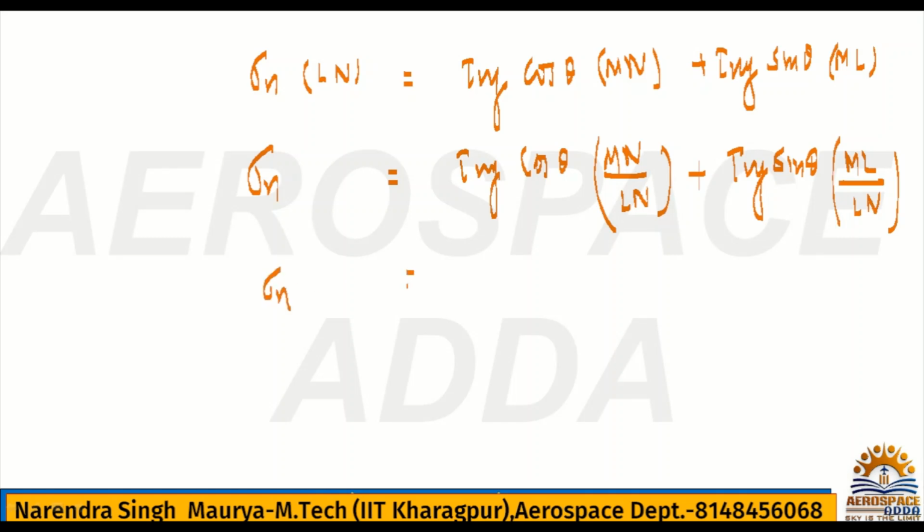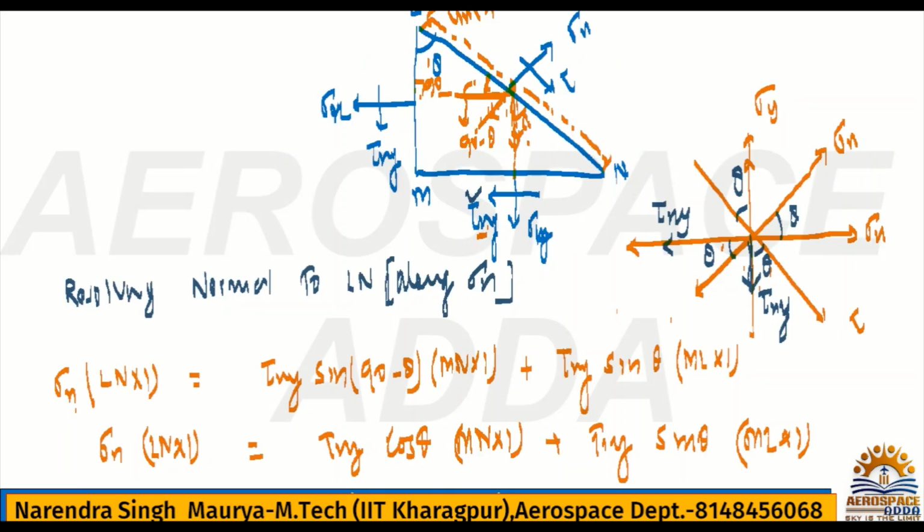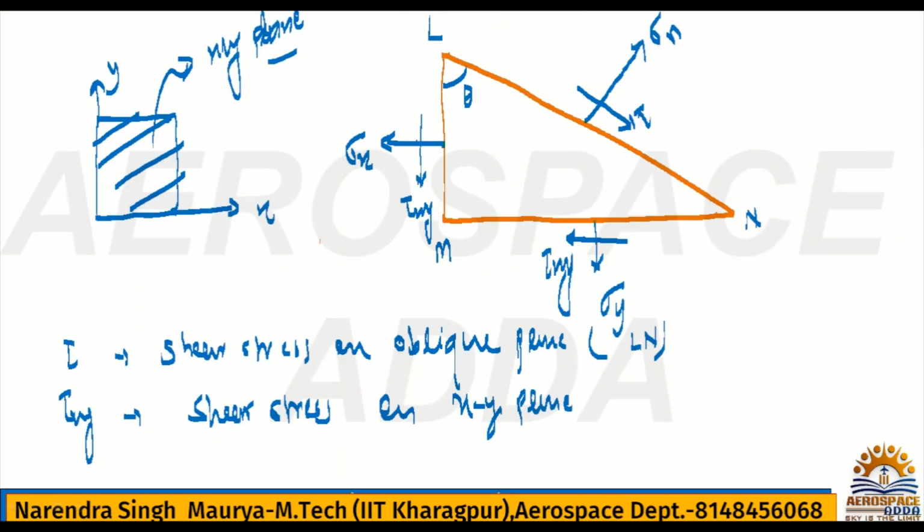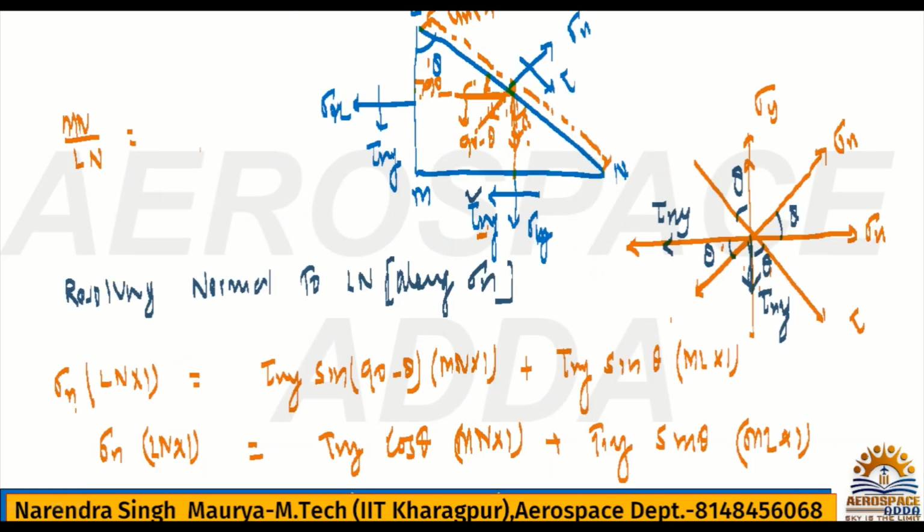So sigma n is tau xy cos theta times mn by ln. If you check in this triangle, what is mn by ln? Perpendicular by hypotenuse, which is nothing but sin theta.